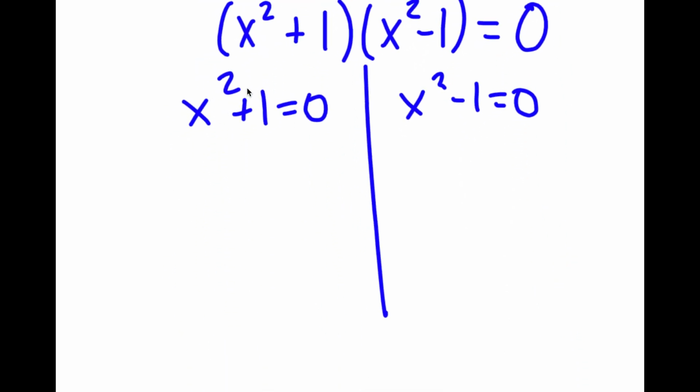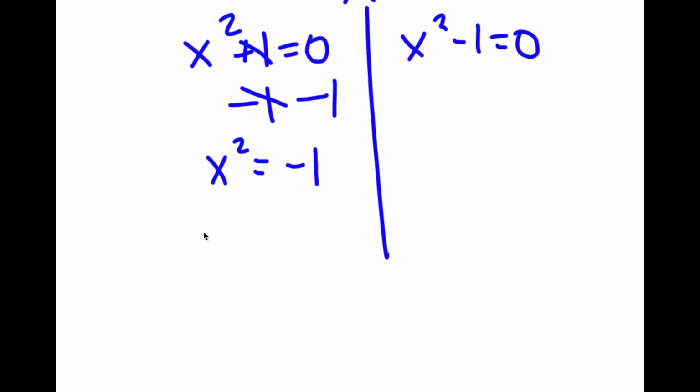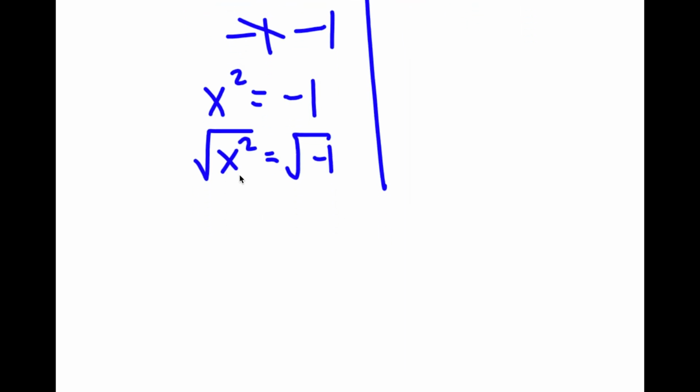So for x squared plus 1 equals 0, I'm going to start by subtracting 1 on both sides. So these two cancel out, and I get x squared is equal to negative 1. Now if I take the square root on both sides, the square root of x squared is x, and the square root of negative 1, if you guys already know, is i. So I have positive or negative i.